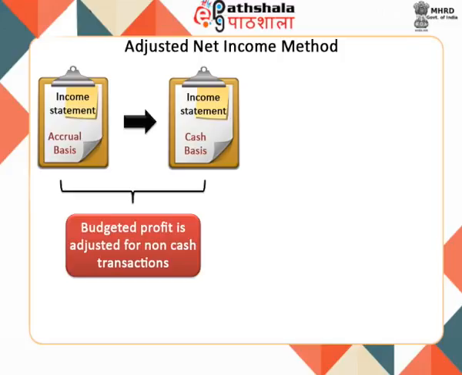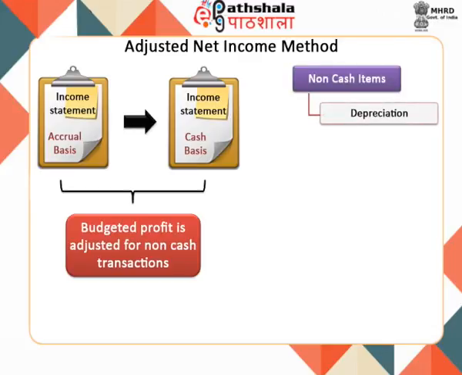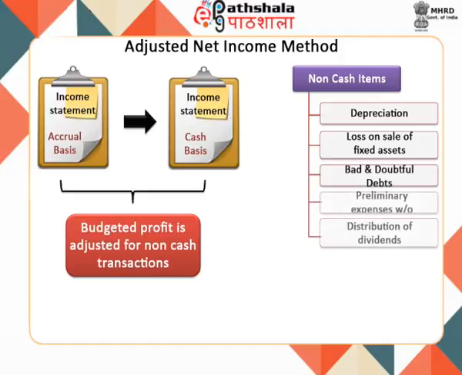For ascertaining this, non-cash items such as depreciation, loss on sale of fixed assets, bad and doubtful debts, and preliminary expenses written off, income tax accruals, etc., which were charged to the profit and loss account, are added back as they do not affect cash position.